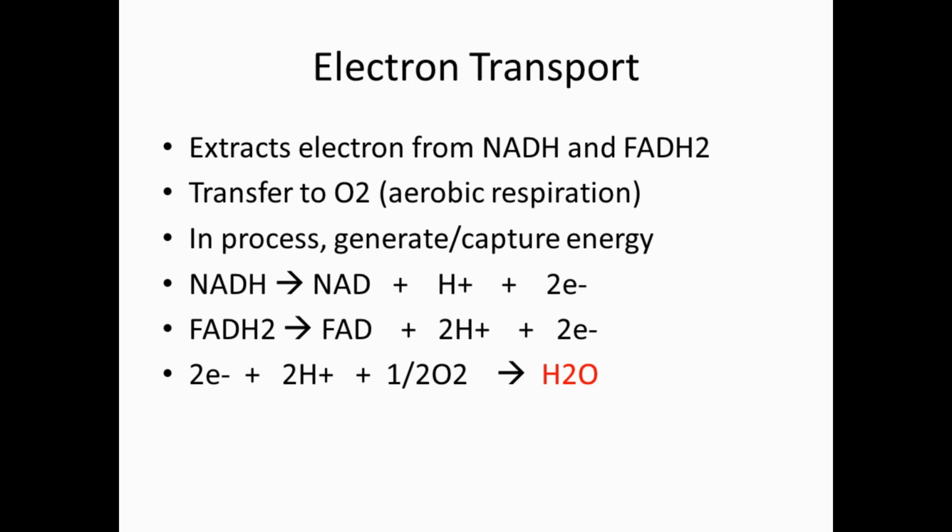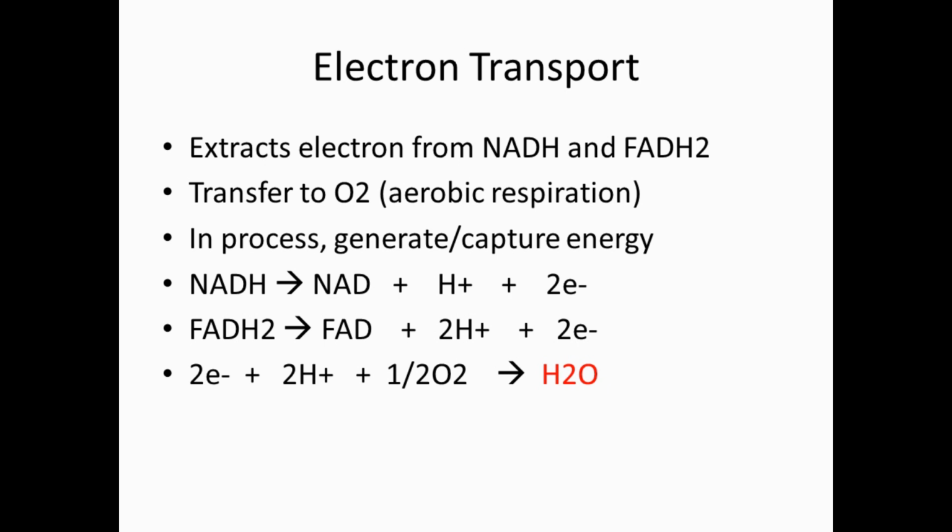So the electron transport chain extracts electrons from NADH and FADH2, and it will transfer them to oxygen. That's why it is called aerobic respiration or aerobic metabolism. In this process, it will generate or capture energy. So this is the process of making H2O, but while making it we will get energy.